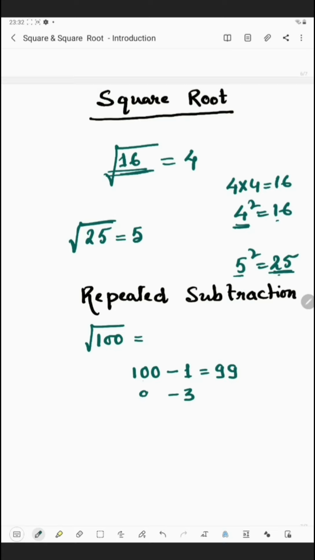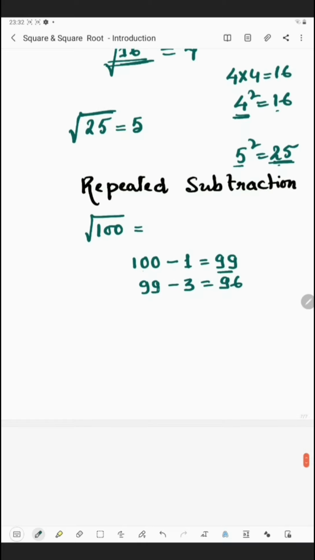So 3 will be subtracted from the number we have got now, which is 99. 99 minus 3 is 96. Now the next odd number is 5. So 5 will be subtracted from 96. 96 minus 5 is 91.